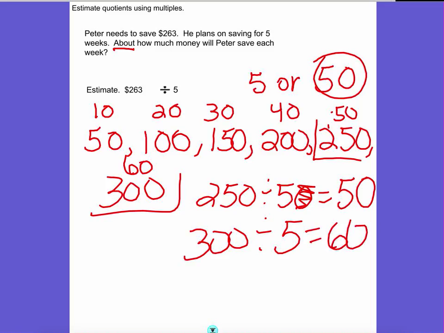Sorry about that. So now I have to see 263. Is 263 closer to 250, or is 263 closer to the 300? It's only 13 away from this one and way more from this one. So this would be it.